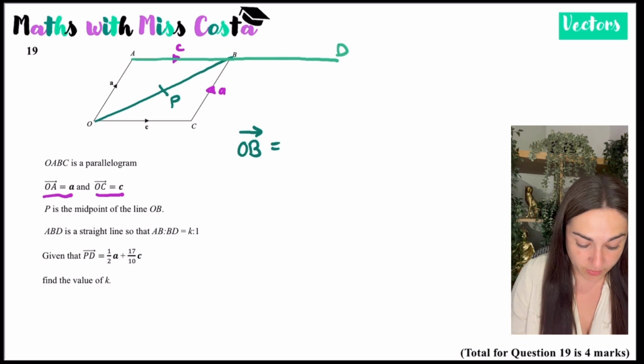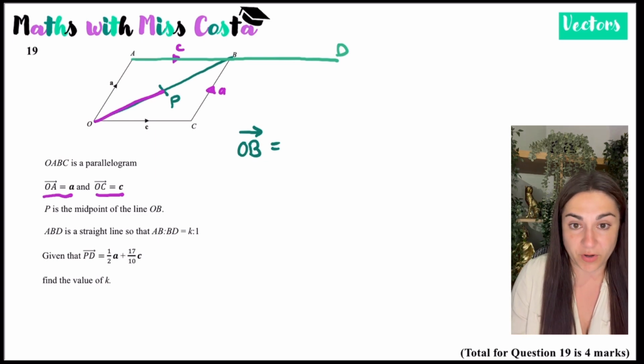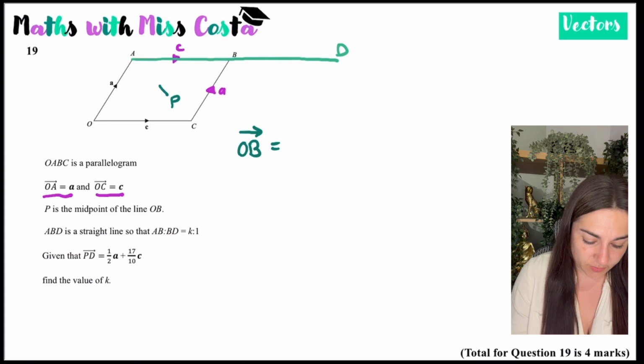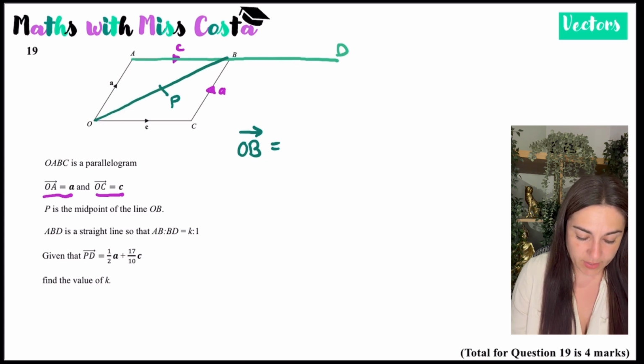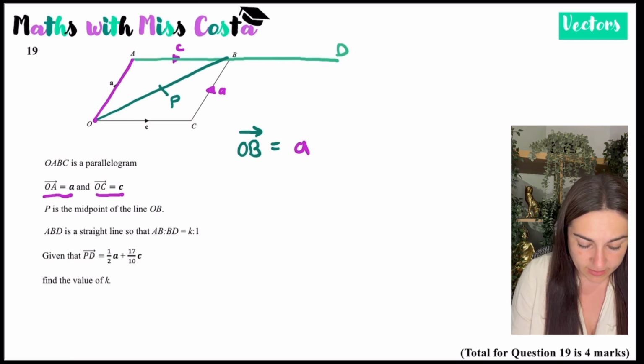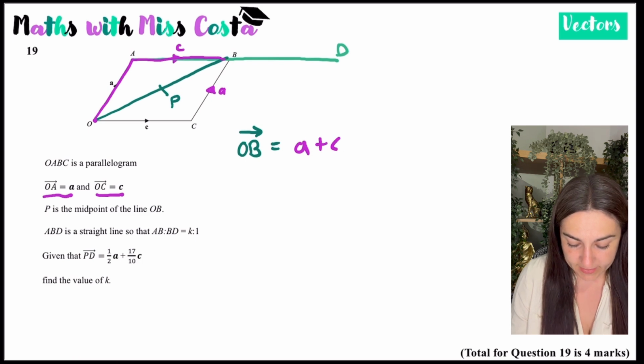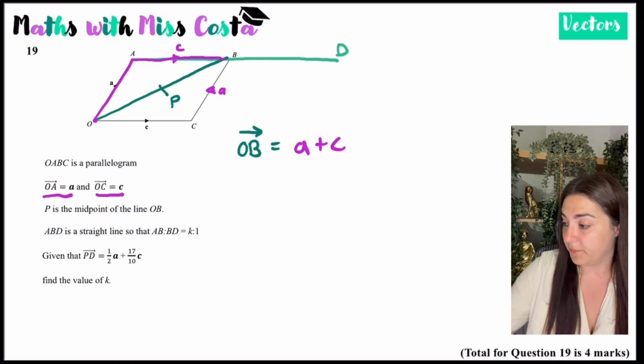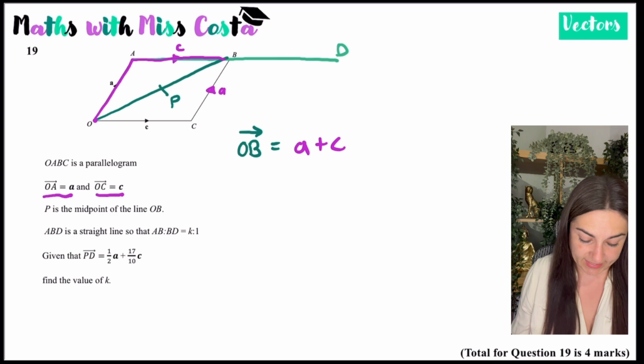So we can't do this because we don't know what that is. So we have to go along the lines that we know. So how can I get from O to B? I start from O and then I can go along here, which is A, and along here, which is C. So OB can be expressed as A plus C.